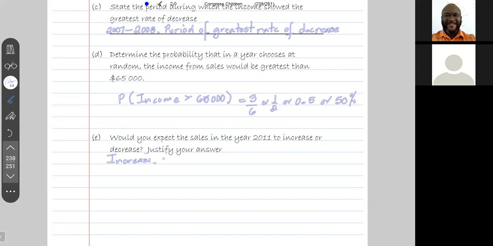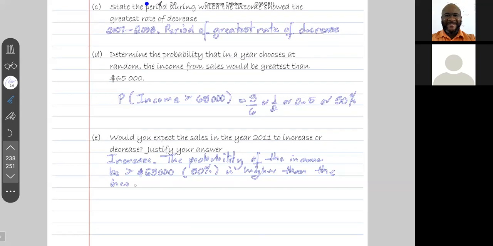My reason is this, that the probability of the income being greater than 65,000, and that probability we already calculated to be 50%, is higher than the income falling below 65,000.